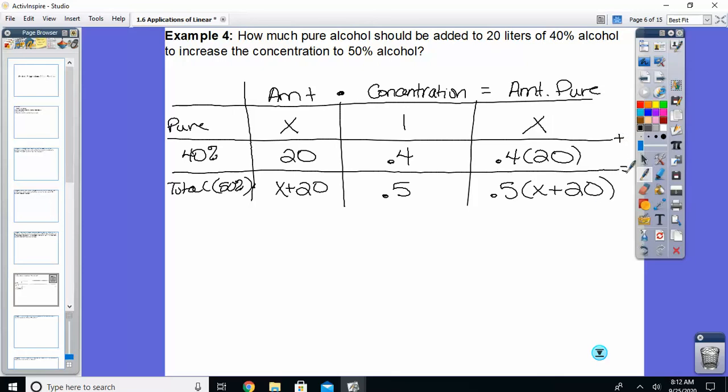So all we have to do is add those first 2, and it will equal the total. So that's one of the real benefits of the table. The equation kind of writes itself. You just have to add them to equal. So now, let's solve this.